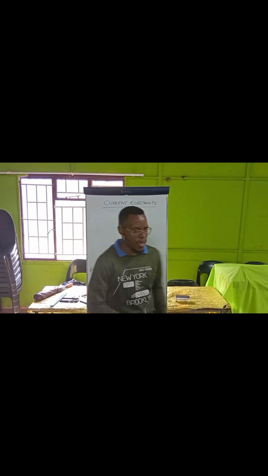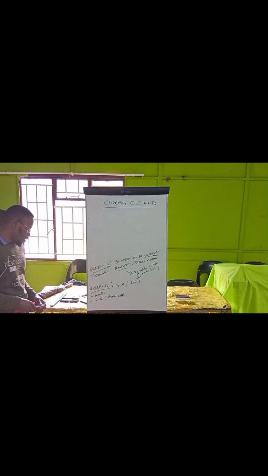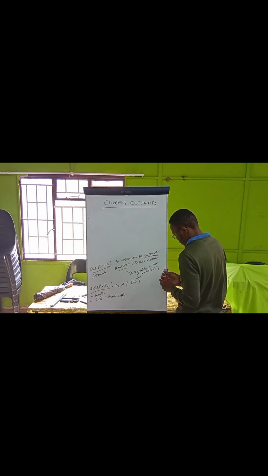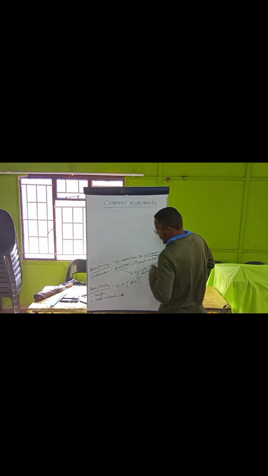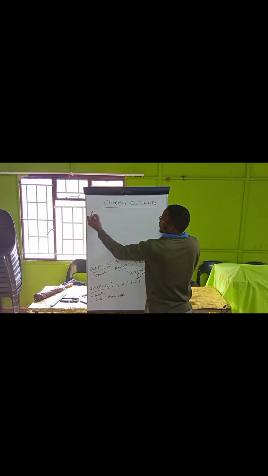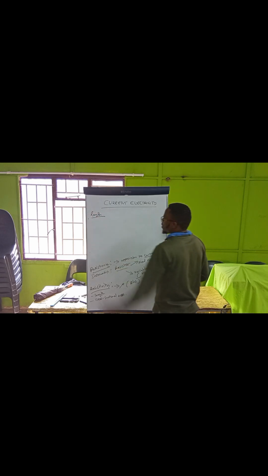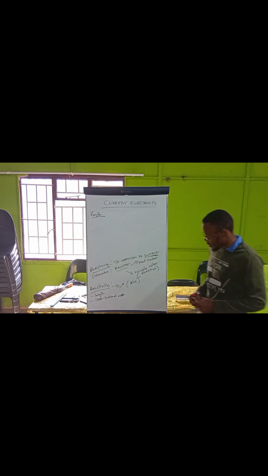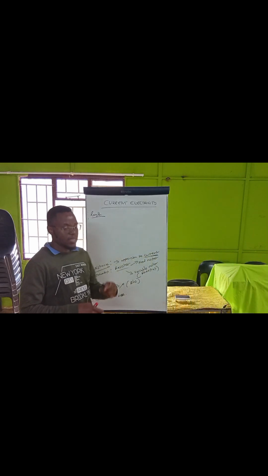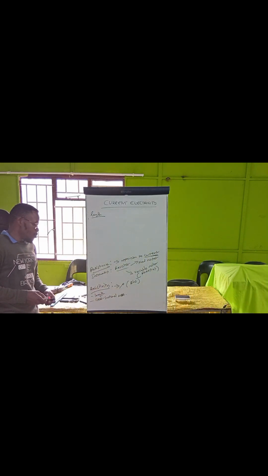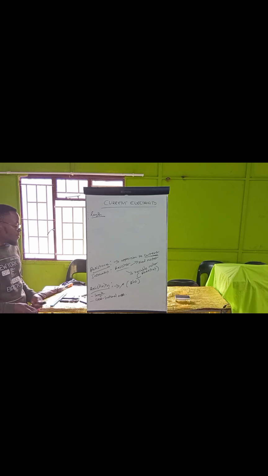So, how do length and the cross-sectional area affect the resistance of a material? For length, there is a direct relationship between resistance and the length, and there's an inverse relationship between the cross-sectional area and resistance.